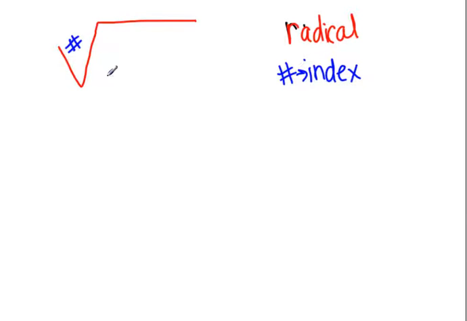And whatever is under here, remember yesterday how I had numbers and letters under there? Whatever is under there is called a radicand.